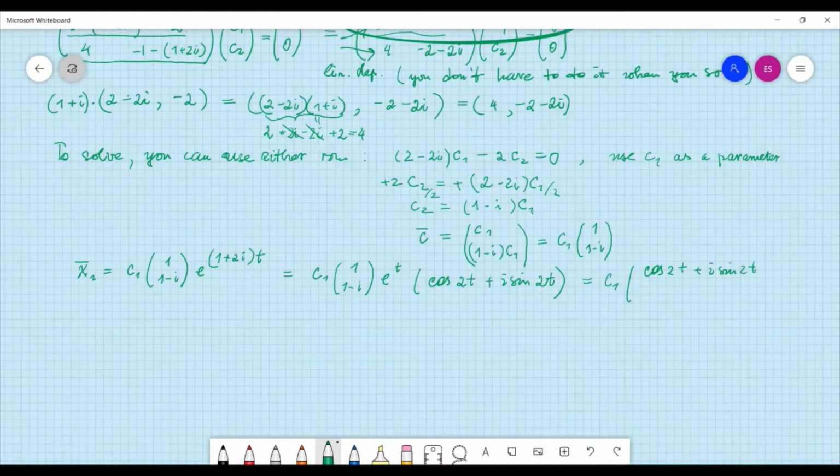And over here in the denominator, it's more complicated. I'm just going to copy them and then multiply them. I don't want to mix up two procedures. Cosine of 2t plus i sine of 2t. And of course, the exponential function. And I'm going to simplify my bottom term. So C1 cosine of 2t plus i sine of 2t.